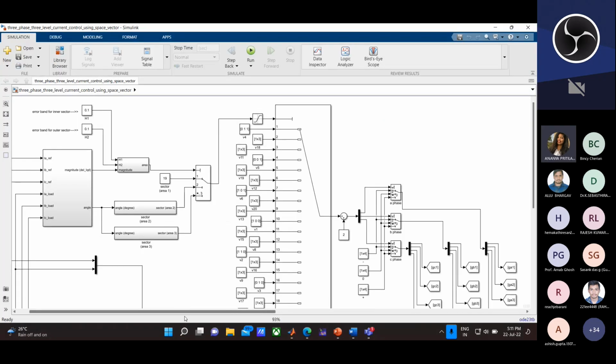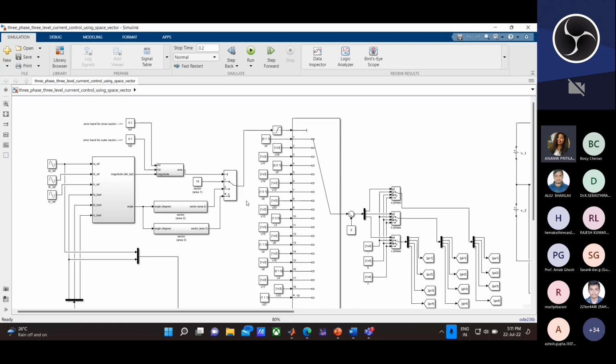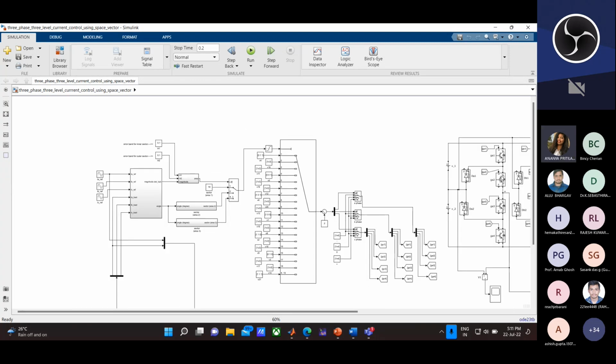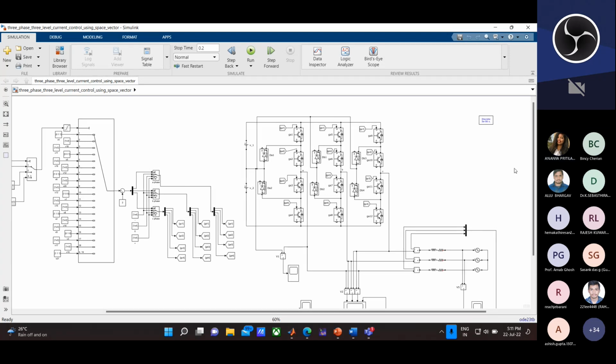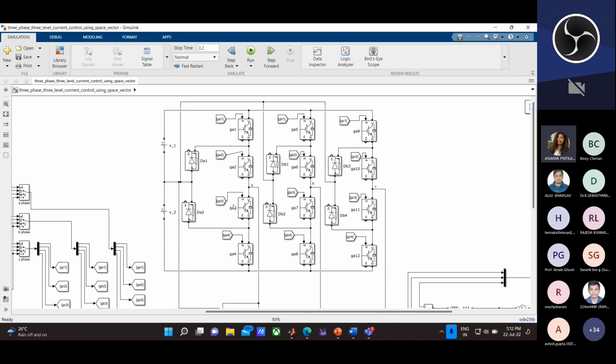After generation of SVPWM, I have fed it into that 3-level NPC inverter. This is the 3-level NPC inverter. I have already described in that PPT the 4 switches and 2 diodes and how the switching occurs at every instant.